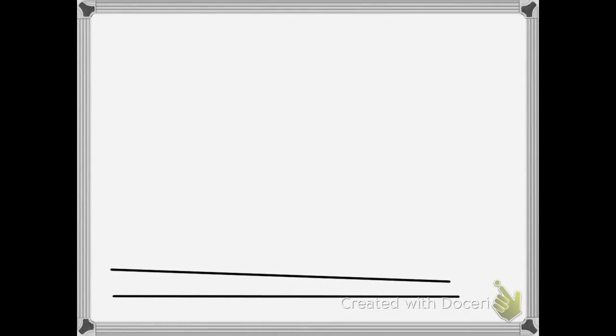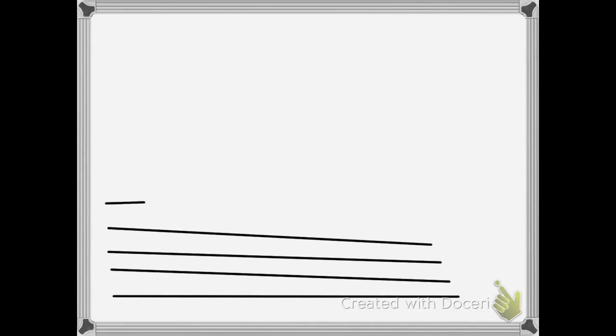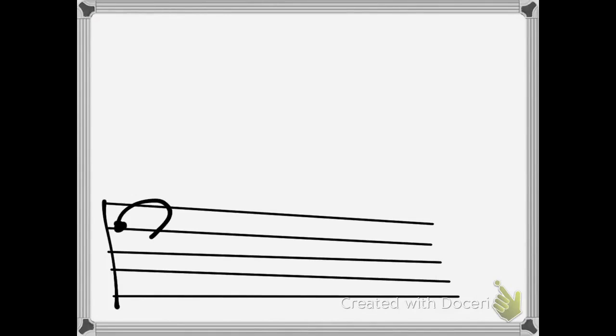Now, violas. You're going to have to do something here that the violins do not. You and cellos both. Let's get this just a little bit neater. You are going to have to read these things called ledger lines, which are lines that appear above the staff, like this.